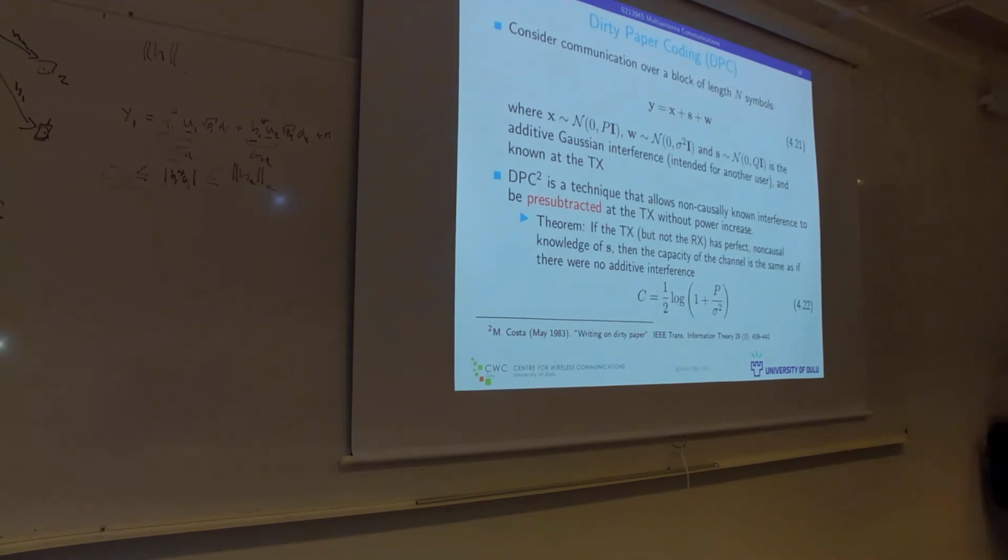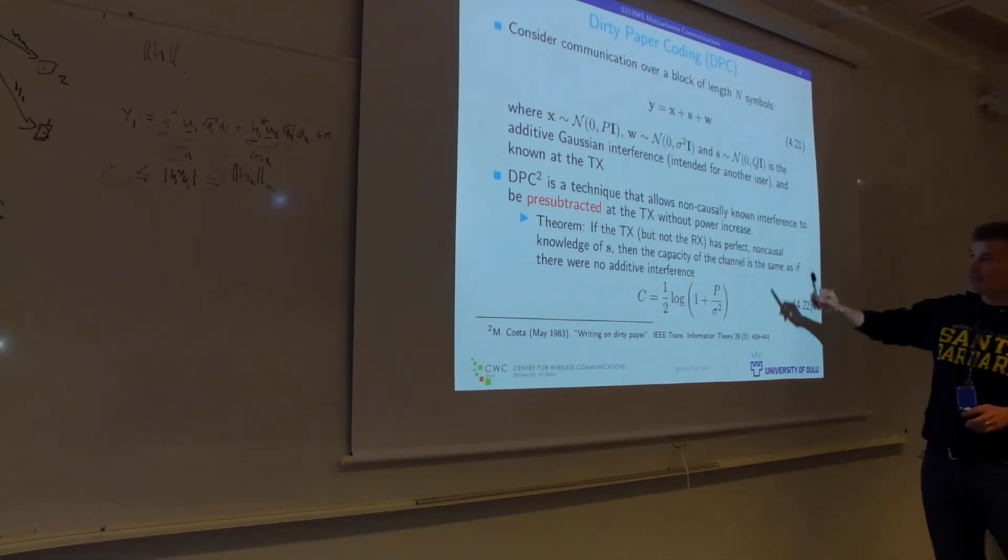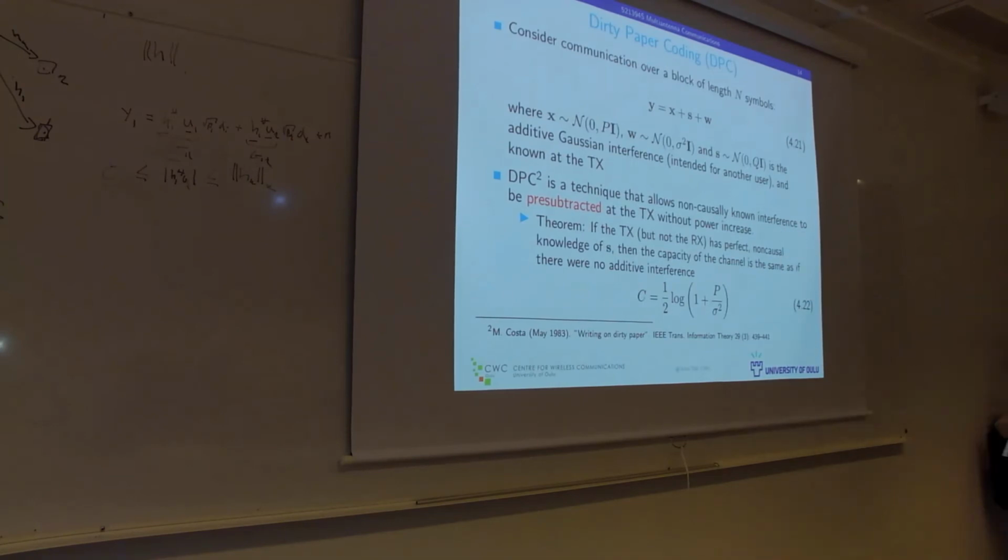So the question is, can we have a method which can be used to pre-subtract this known interference without such a power increase, as with that naive scheme?